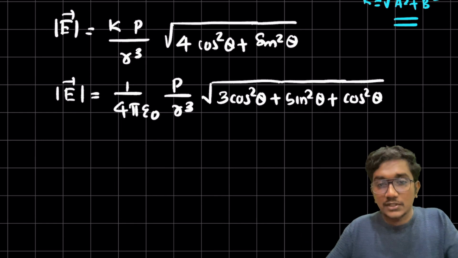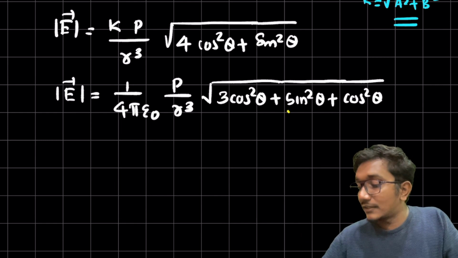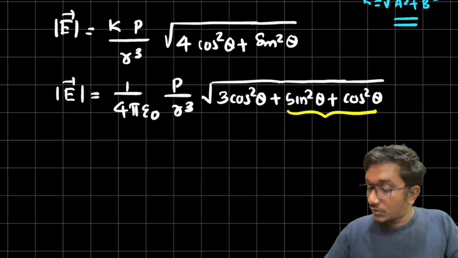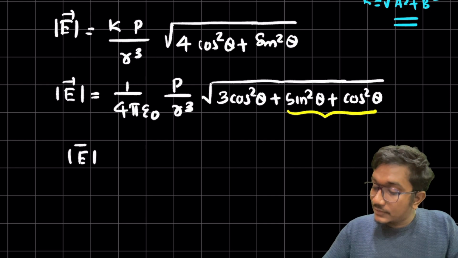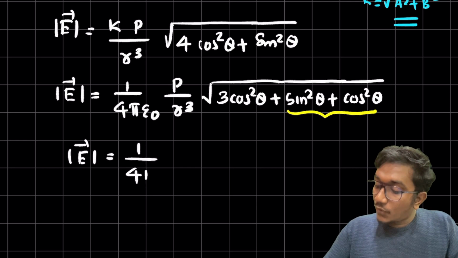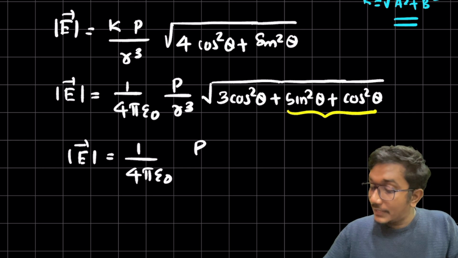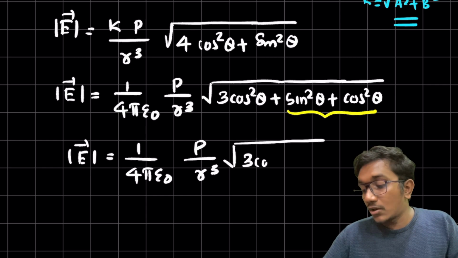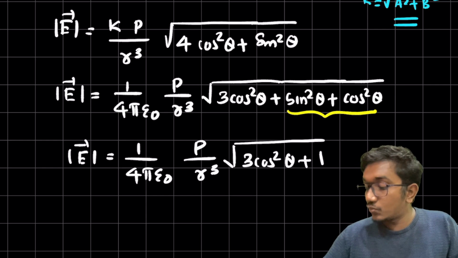But you know very well what is sine square theta plus cos square theta? 1. Yes. So E is equal to 1 upon 4 pi epsilon naught P divided by R cube into root of 3 cos square theta plus 1.